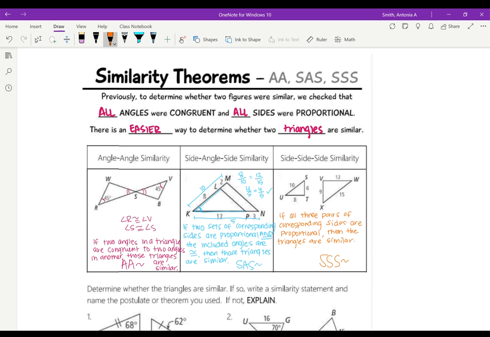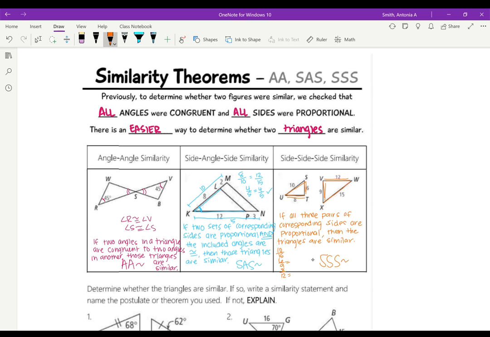So in order to check this, we want to check all of our ratios. We want to see if our matching pairs, so 10 to 15, 6 and 9, and then 8 and 12, if those are all the same ratios.